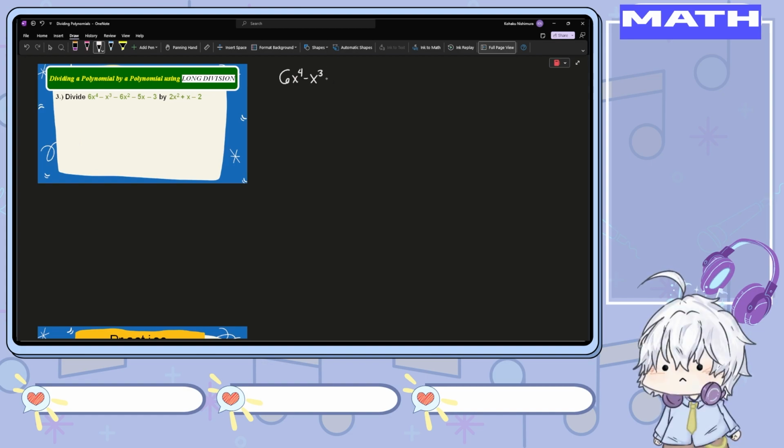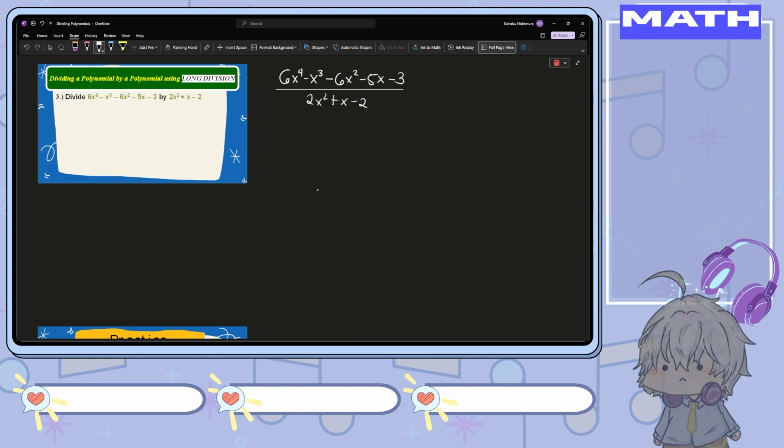So far so good, complete. 6x squared, complete. We have for x, which is negative 5x, and the constant is negative 3, so the dividend is complete. For the divisor, we have 2x squared plus x minus 2, which is also complete.